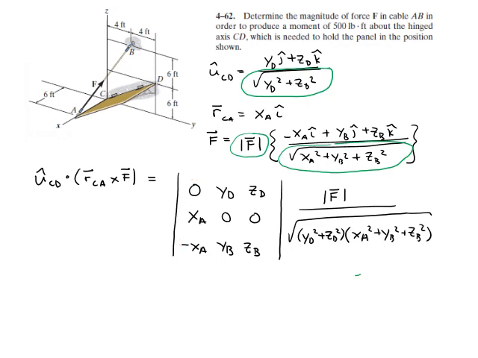Okay, now let's look at the second one. I take this, and the second row comes with a minus sign. I cross out the first row, this row and this column, and then I take this times this minus this times this. So I get here minus yd times xa zb, and that's it.